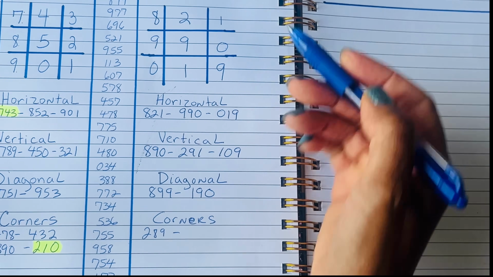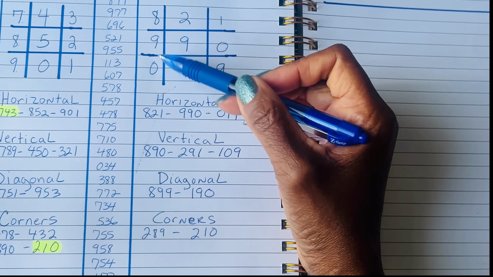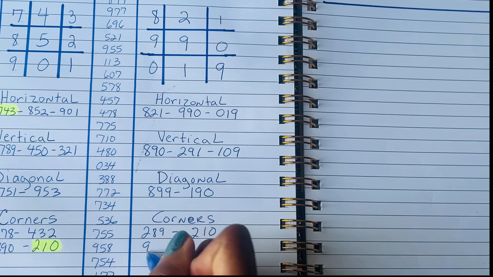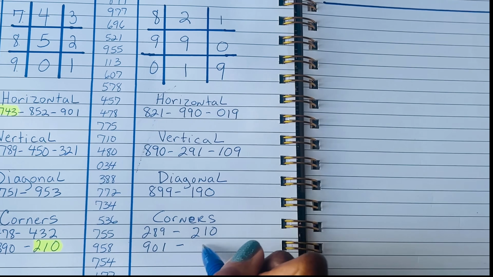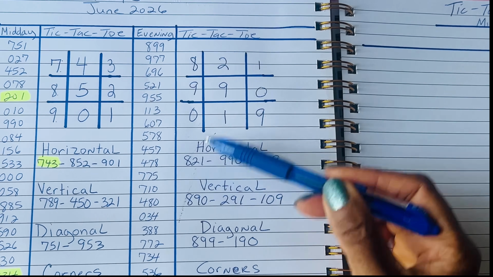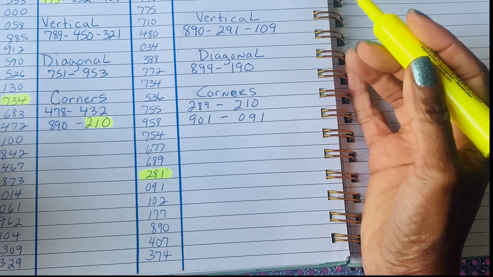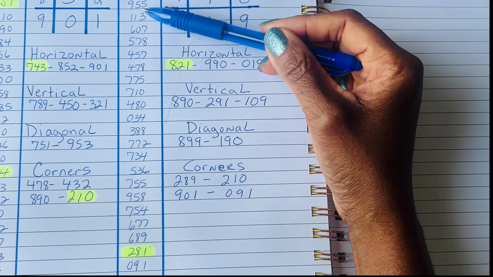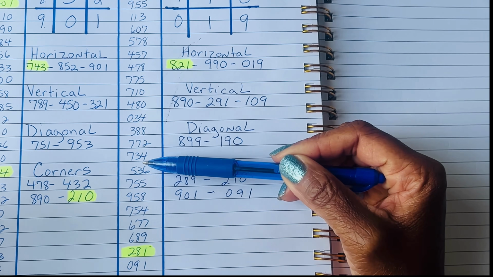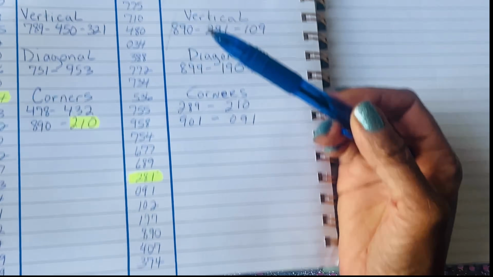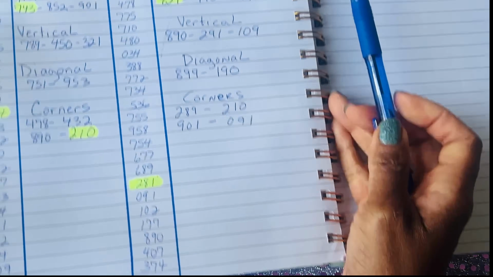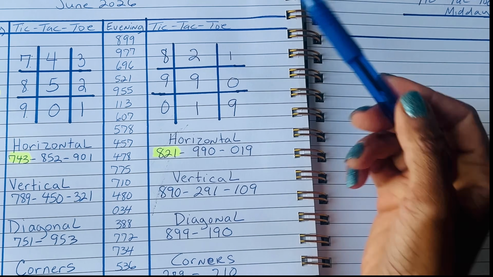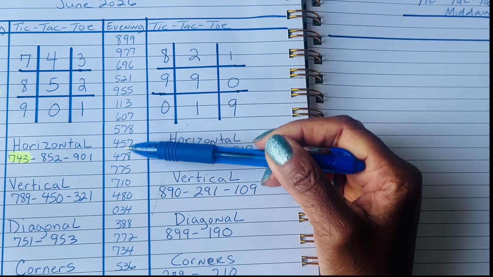And once those steps are completed, then I want to see how many numbers from each pattern appeared in the winning evening numbers. First number that I have identified as appearing is 821 in the horizontal pattern numbers. And the second number that has appeared in the winning numbers from the horizontal patterns is 019. So I'm going to highlight that.